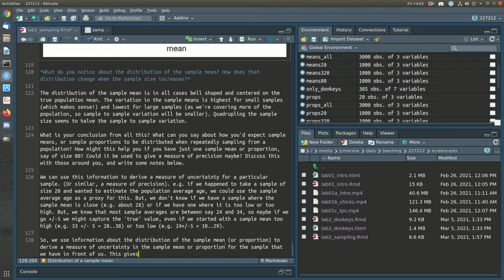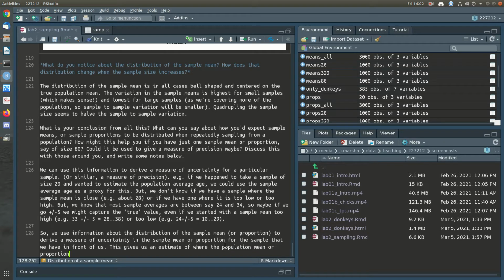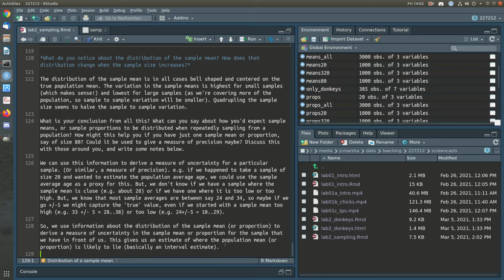This gives us an estimate of where the population mean or proportion is likely to lie. An interval estimate. So you might have seen these before. They're called confidence intervals, basically.